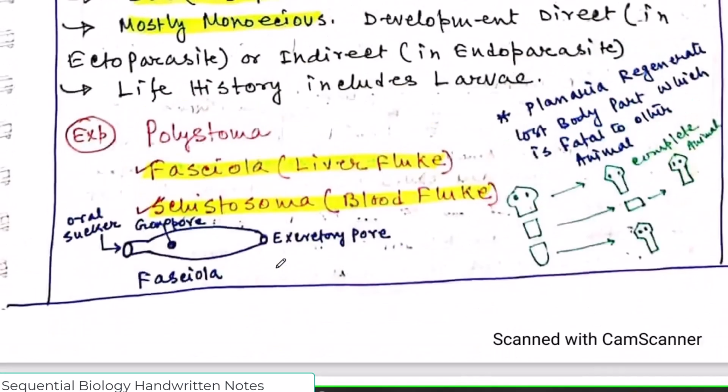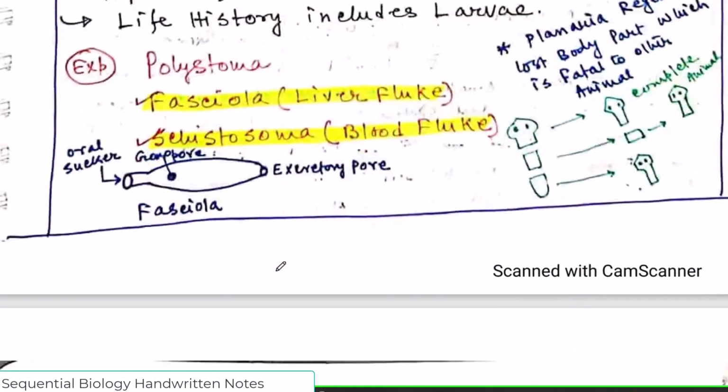What are the examples of this class Trematoda? The Fasciola or the liver fluke and also the Schistosoma or the blood fluke are two most important examples of this class. This is the structure of the Fasciola, and this is usually present in the liver of human, and they complete their life cycle in a very critical manner.